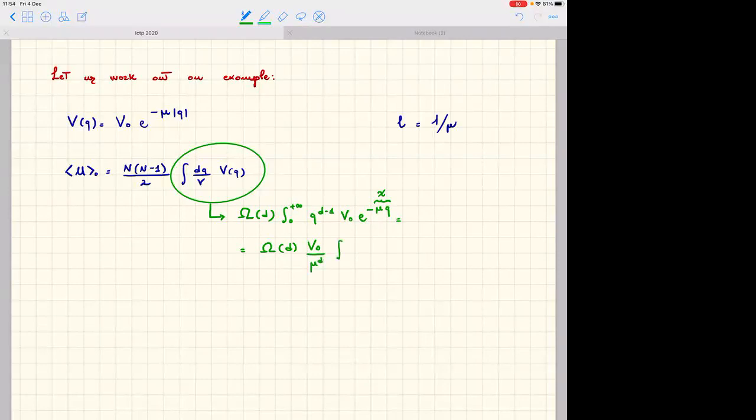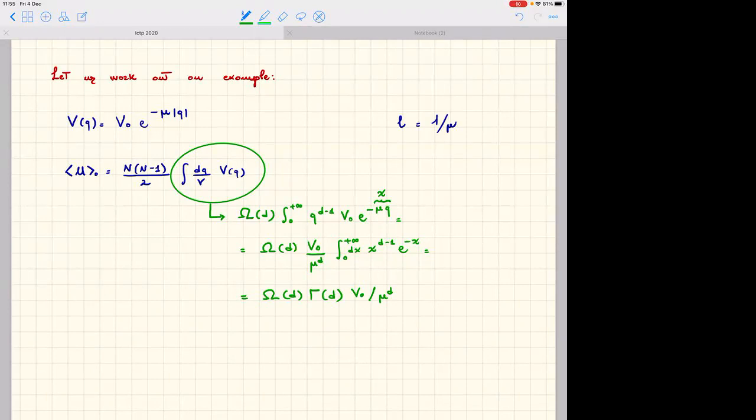And then I will have the integral between 0 and plus infinity of x to the power d minus 1 dx e to the minus x. And this is by definition a gamma function. So this is equal to omega d gamma d and then v naught mu to the d.